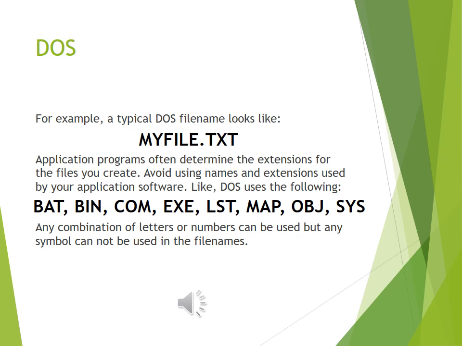Avoid using names and extensions used by your application software. Like DOS uses the following: BAT, bin, com, exe, lst, etc. Any combination of letters or numbers can be used, but any symbol cannot be used in the file names.